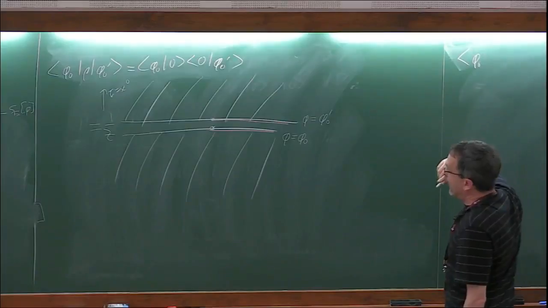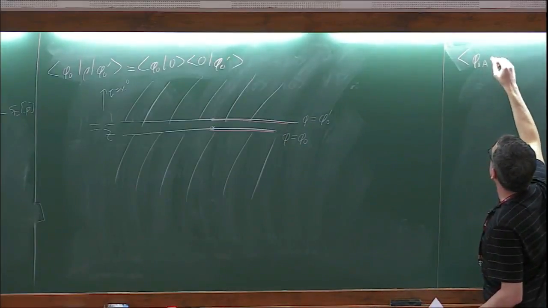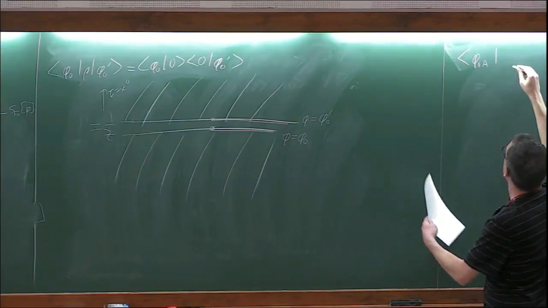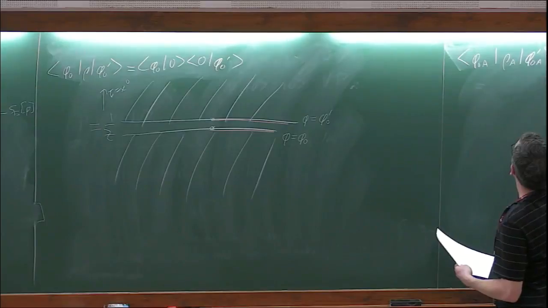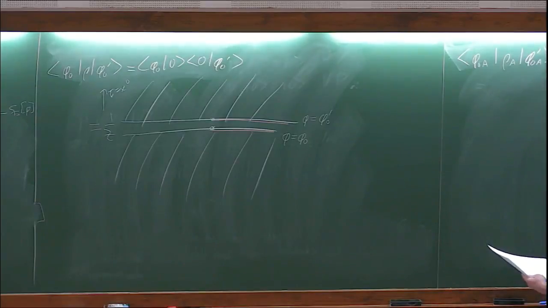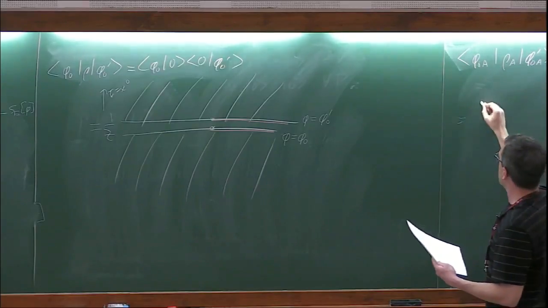We still let, on A, phi naught be different from phi naught prime. So I'll write this as phi naught A, rho A, phi naught prime A. And what is that?